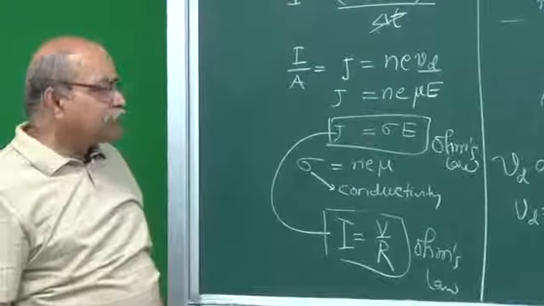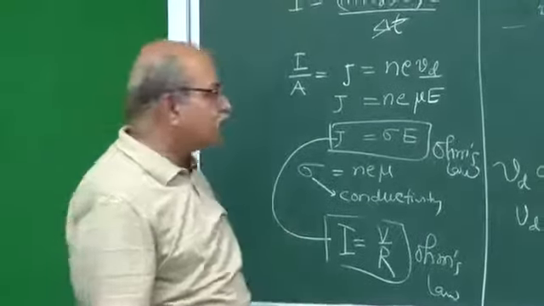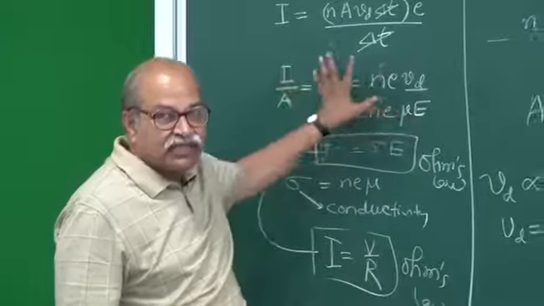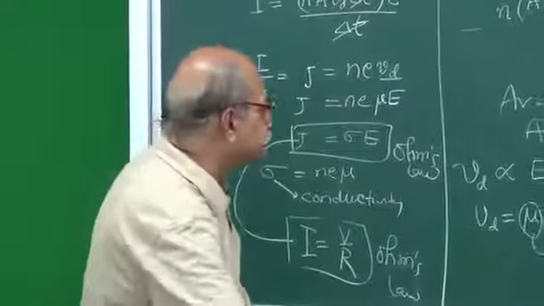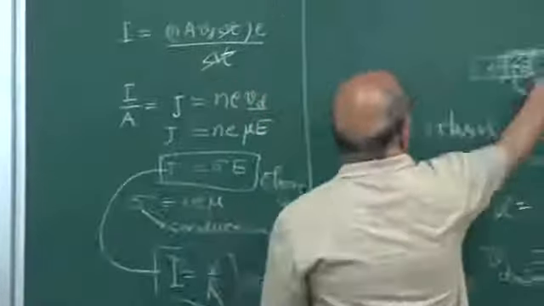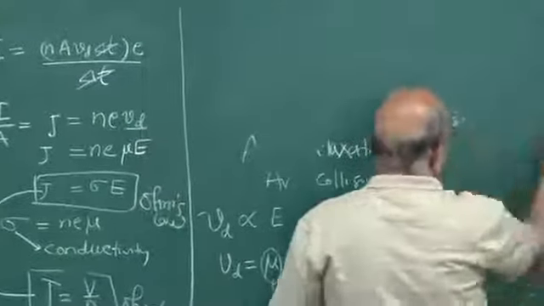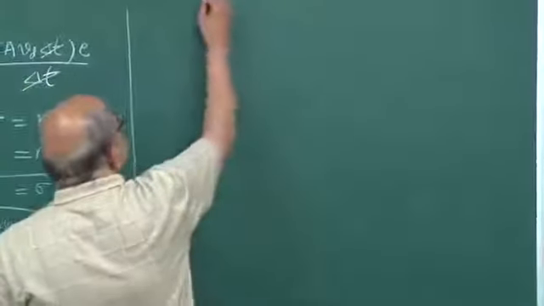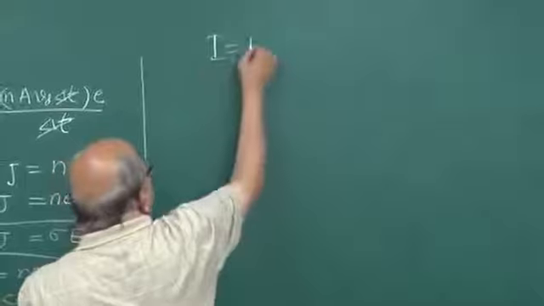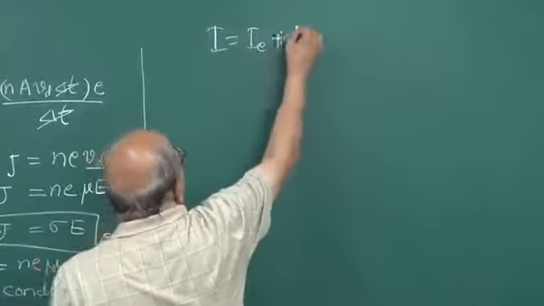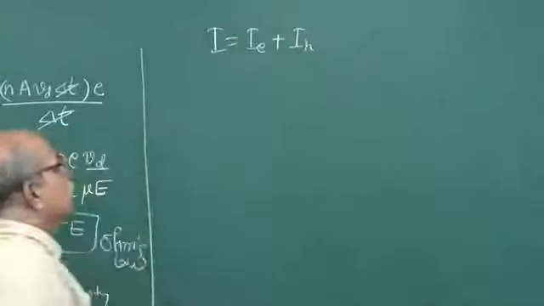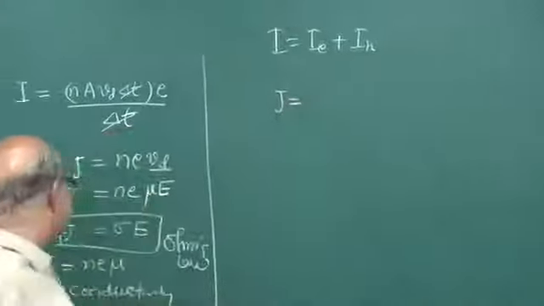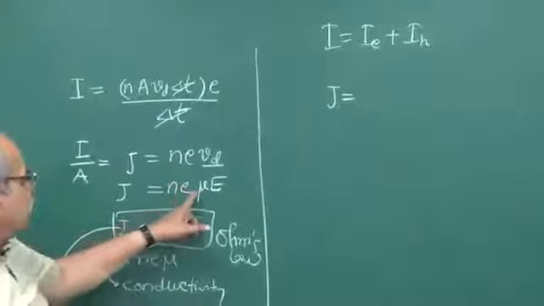Now in case of semiconductors, similar expression will be used. In semiconductors you have conduction because of the electrons and because of the holes. So if you write J will be N times E times mu.